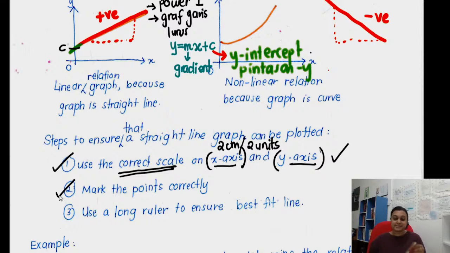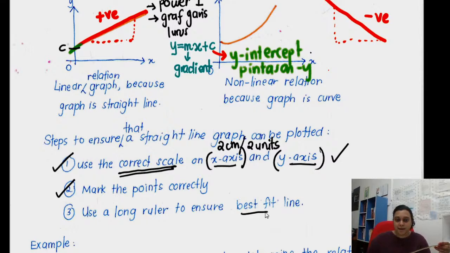So what happens is sometimes there can be errors, maybe a bit tersalah. Because in your exam, the examiner will take their answer sheet and put it on top of your answer, and they will see whether it is a fit line, a best fit line.